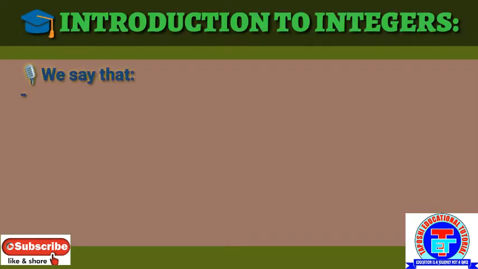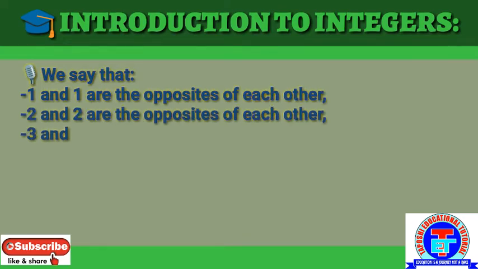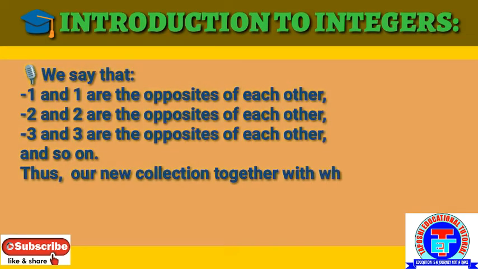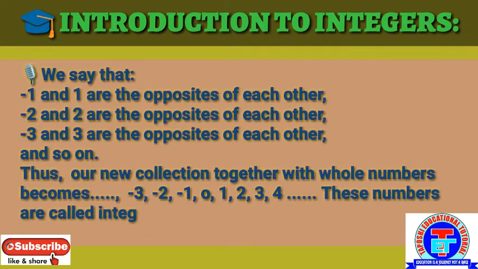We say that minus 1 and 1 are the opposite of each other. Minus 2 and plus 2 are the opposite of each other. Minus 3 and plus 3 are the opposite of each other, and so on.